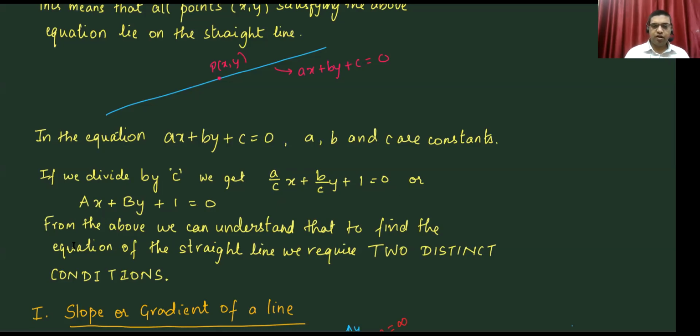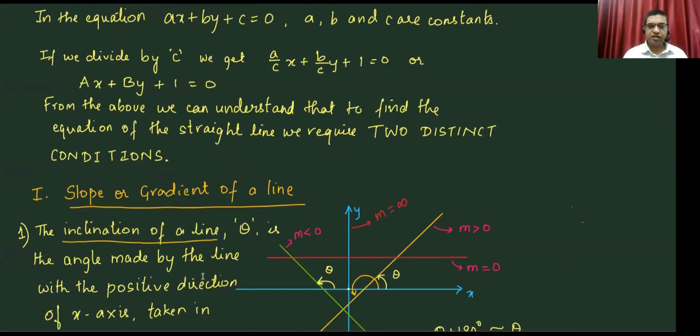For two unknowns, you need two distinct conditions or two distinct equations to be able to find out what the equation of the straight line is.